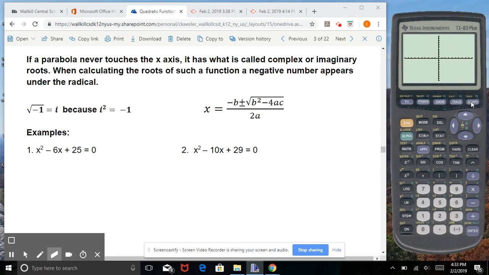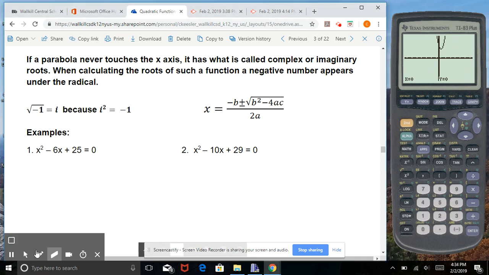And you can see on my graph, nothing appears. But if we go to zoom and go down to number 3, press enter and enter again, the graph is zoomed out and we have our parabola that never touches the x-axis. So when we go to solve this, we're going to have i in our answer for the roots because there are imaginary roots in this case, non-real imaginary roots.